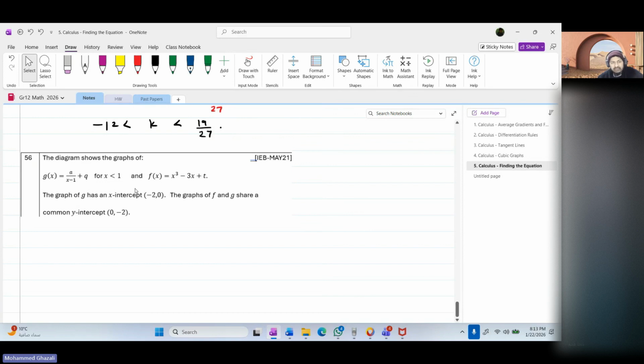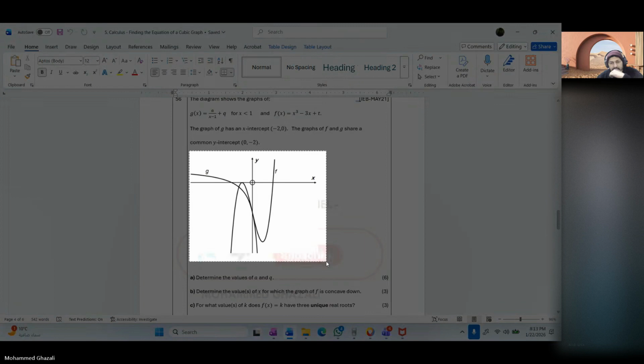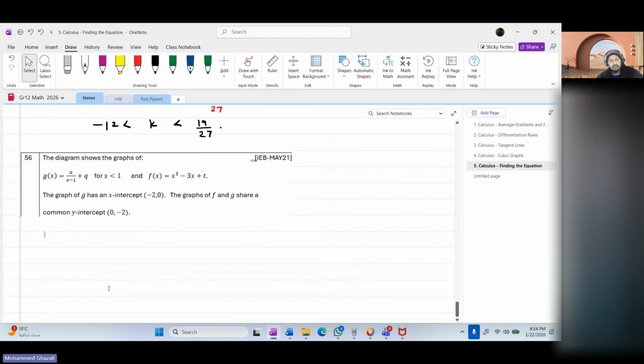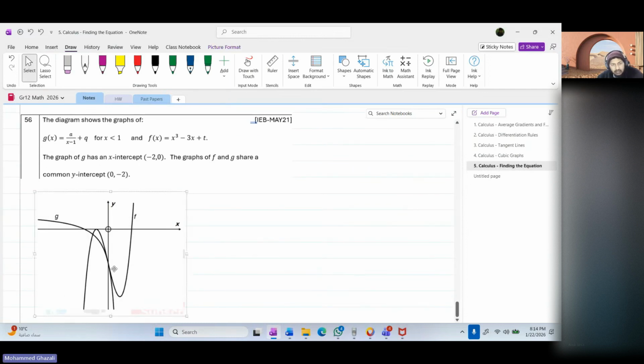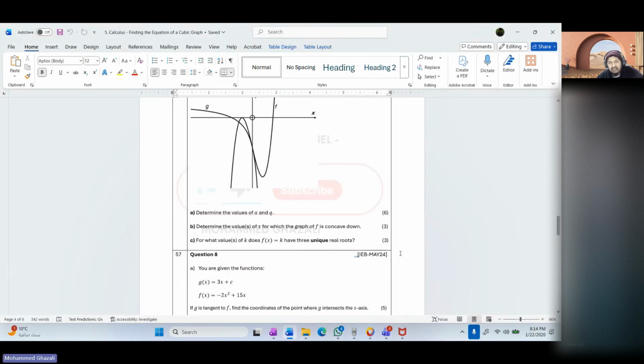They're giving a cubic function mixed with a hyperbola. When you do IEB problems, you'll definitely build your knowledge because they have some difficult problems. It's like level 3 and level 4 type questions. They hardly have basic level.